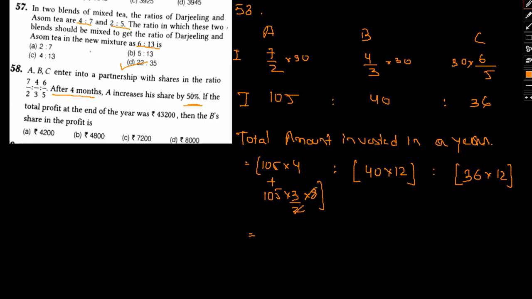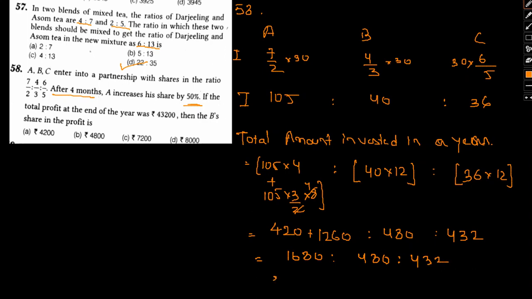So the value of A would come out to be 420 plus 1260, is to 480 is to 432. So this is the ratio. If we further break this down, it comes out to be 1680 is to 480 is to 432.